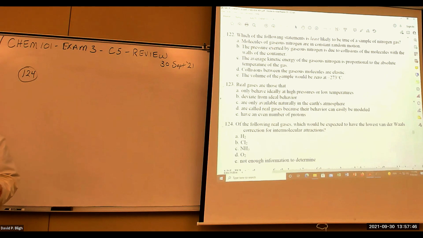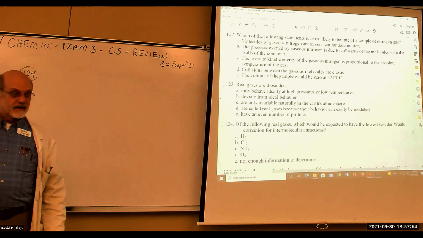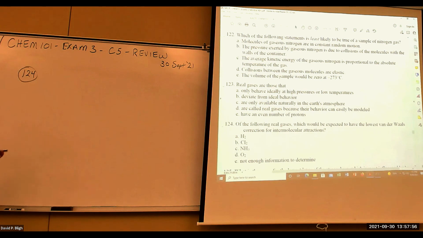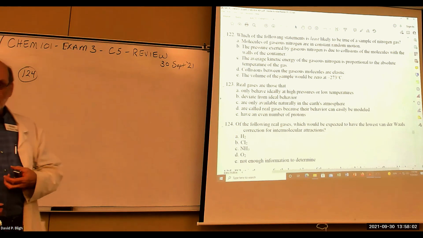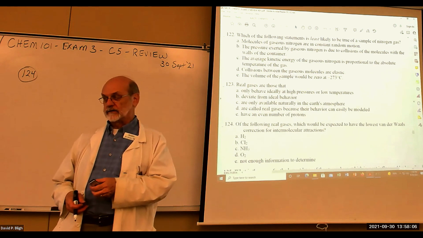So now we look for size. What's the smallest one? Hydrogen. It's just 2 protons and 2 electrons. So hydrogen would give you the most ideal behavior. And an indication of its ideal behavior is it stays a gas until it gets really, really cold.